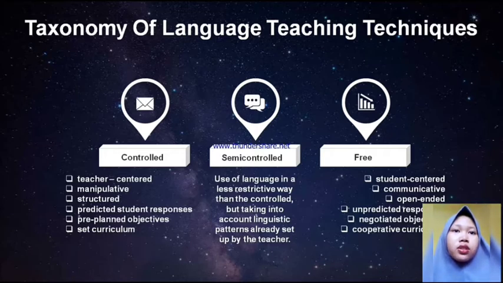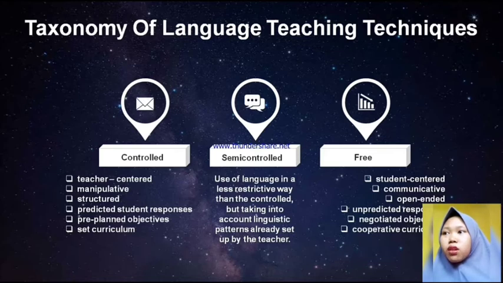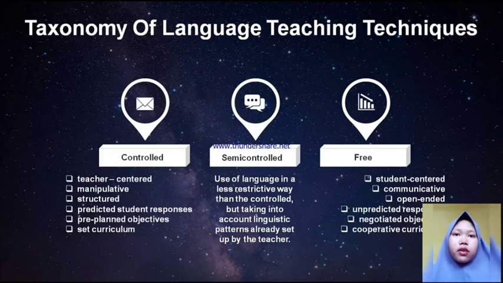Likewise, they point out that the topic and the teacher's goals can vary the degree of control. So in this slide you can see the concept of controlled, semi-controlled, and free in the taxonomy of language teaching techniques.